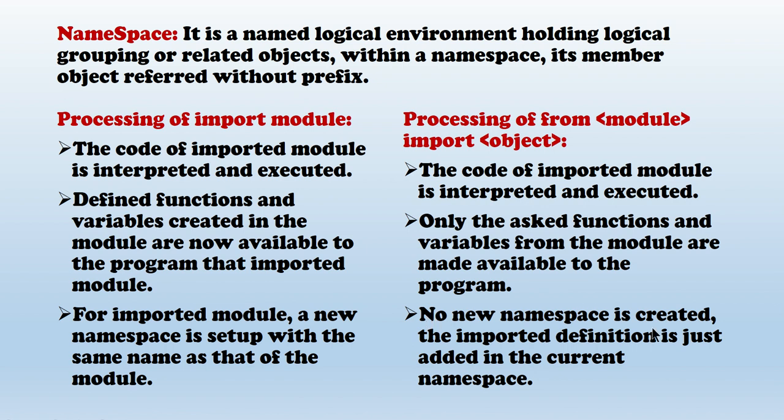No new namespace is created; the imported definition is just added to the current namespace. So when you write a program, that is test.py, whatever objects you have imported will come into that particular namespace, so you access them without any prefix. That is the difference between these two, right?